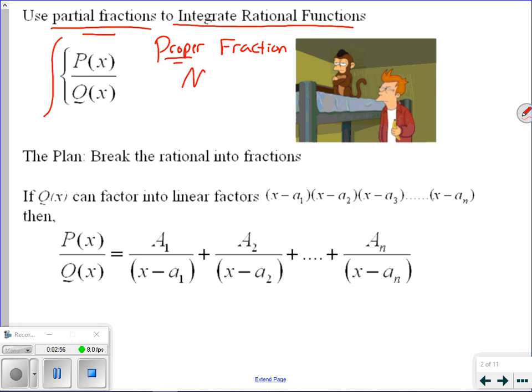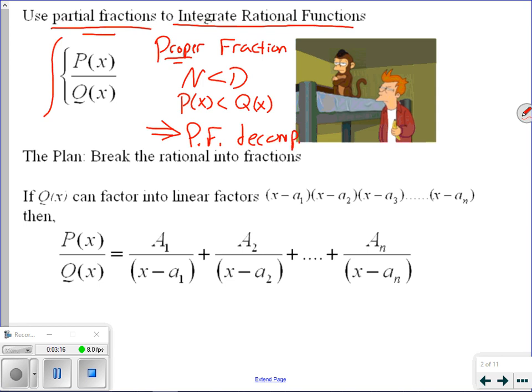So when the numerator is less than the denominator, or p of x is less than q of x in degree, then we can do partial fraction decomposition, and we're going to review that pretty well.